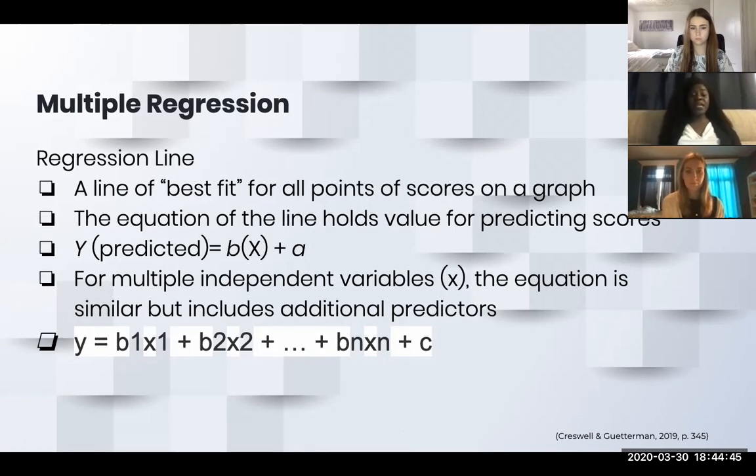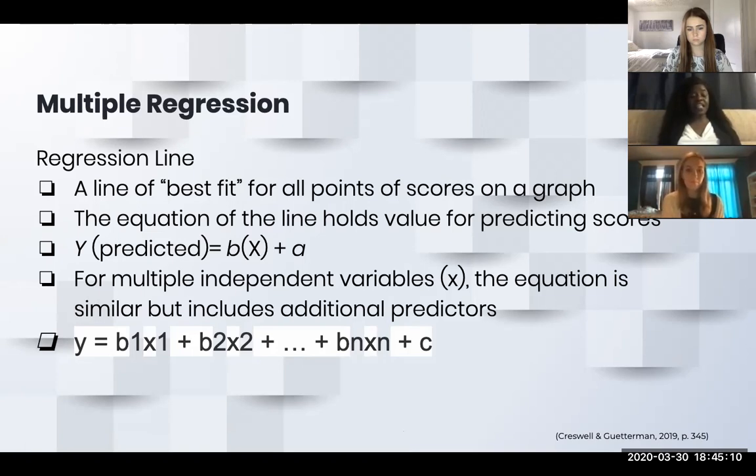Y would be the predicted value or the outcome, and x would be your independent variables in the study. However, things get a little bit different when you have more than one independent variable, which is the x. And the equation is the same thing.